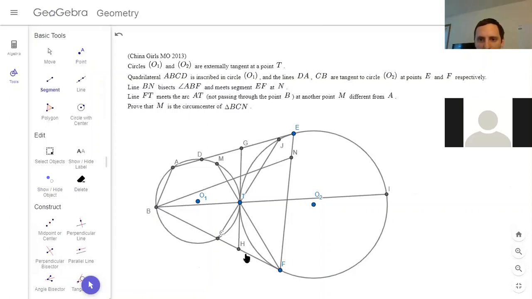JI is parallel to BC. Oh yeah, that's by homothety, that has to be true, right? So not only that, I mean, anything that we can get from the homothety, like MC is parallel to JF, MB is parallel to FI. Yeah, anything we can say using the homothety is true. MJ is parallel to CF, or no, not really.